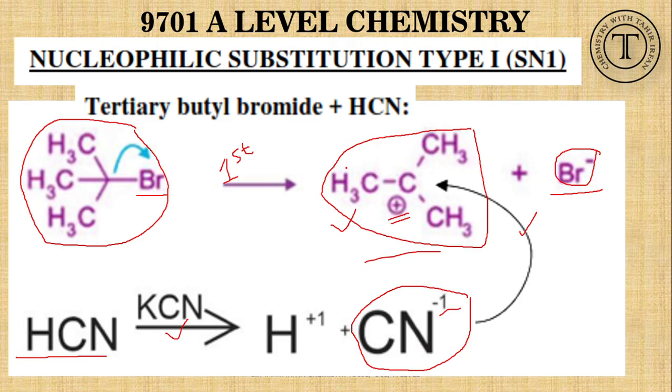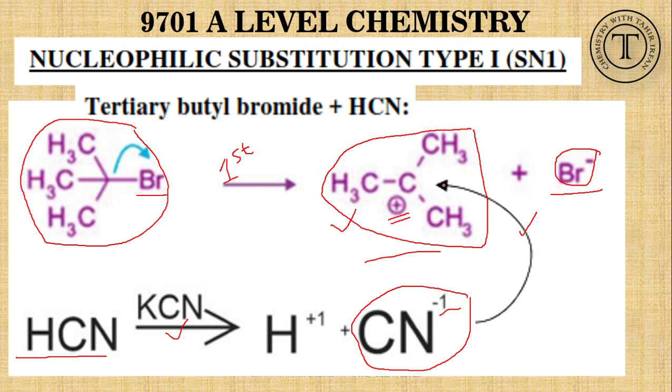So there is a stable carbocation. This is the main point, and this is the slowest step. The first step is the slowest step, and as it is the slowest step, it will determine the rate of reaction. The next step is the nucleophilic attack that happens almost instantaneously.